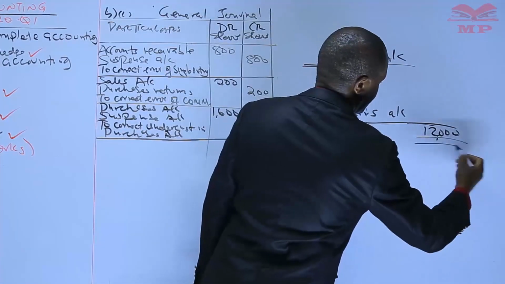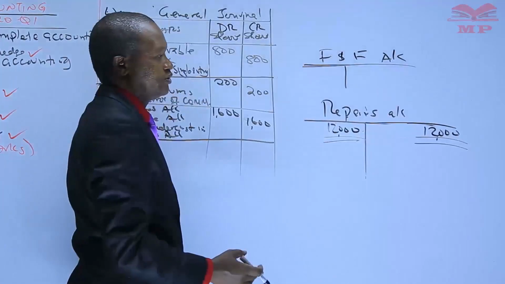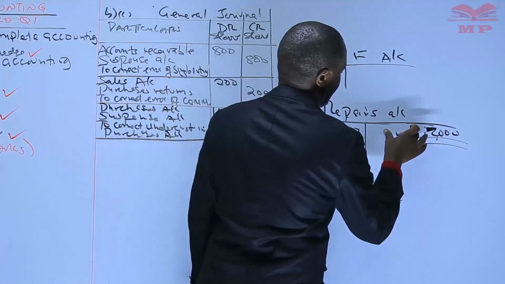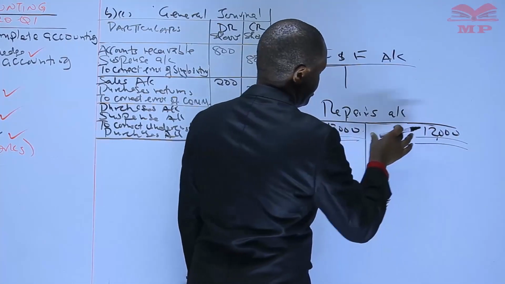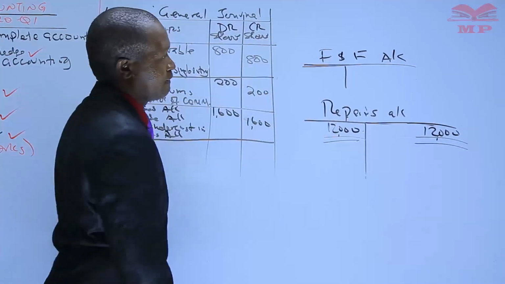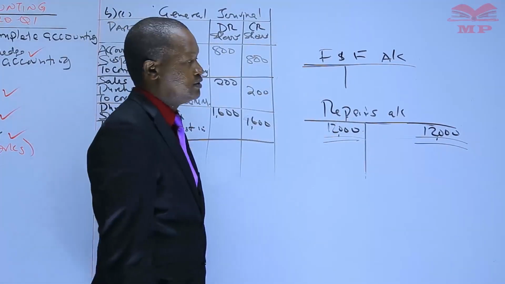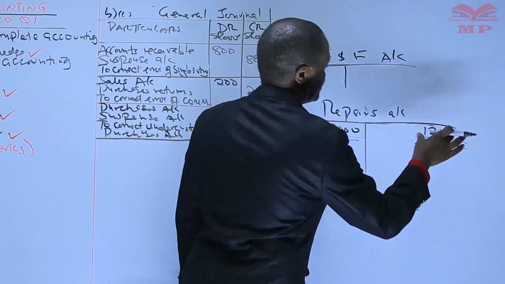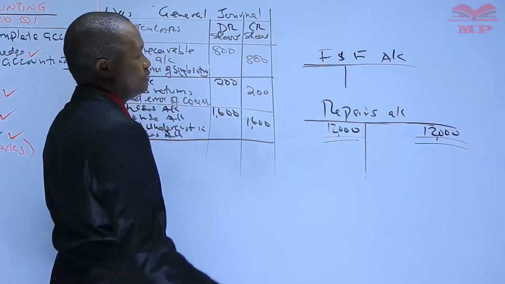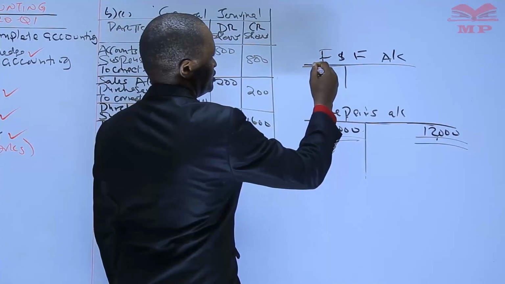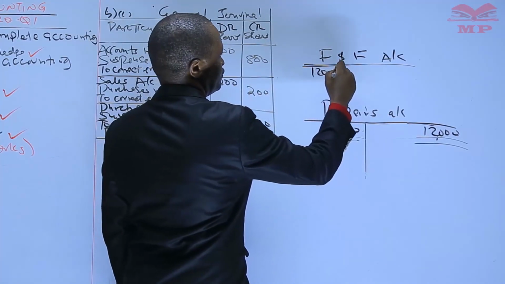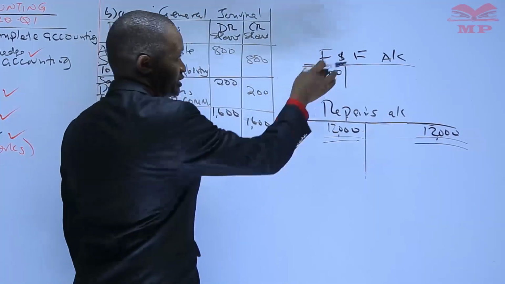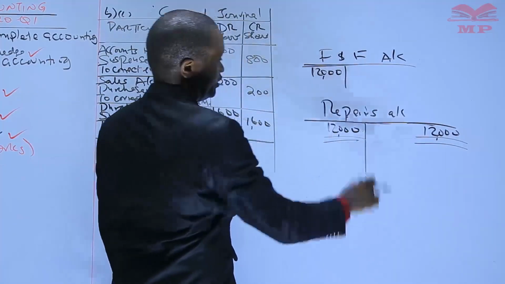If you are to balance this side, there is nothing. So by crediting this account, we remove the 12 million. That is a single entry. Then the corresponding debit entry will be to debit this account, because this account ought to have been debited with 12 million.